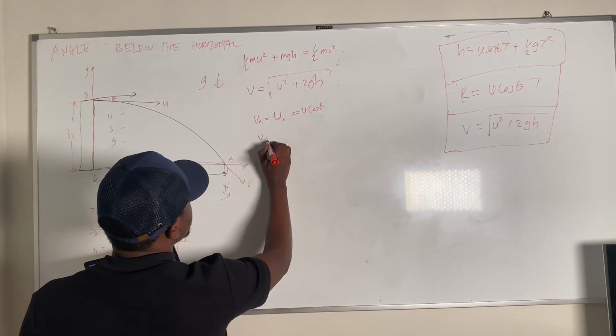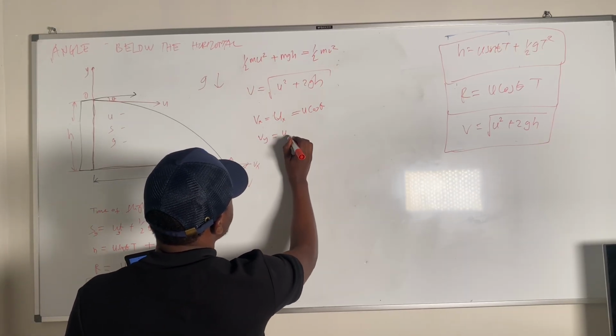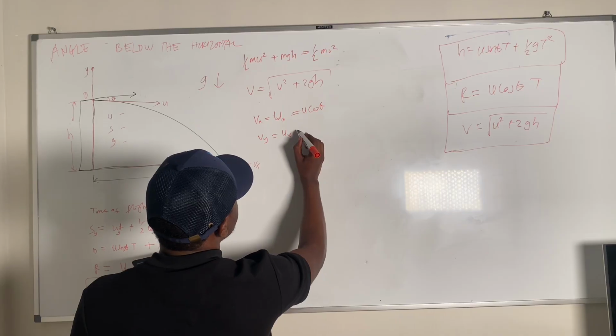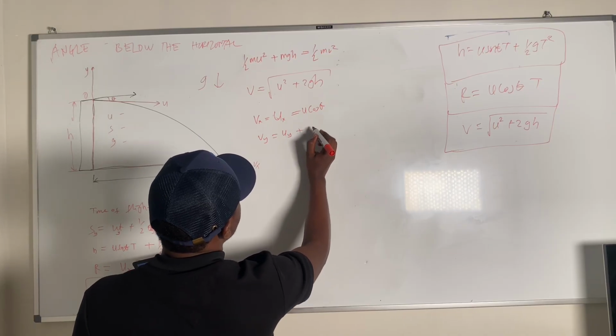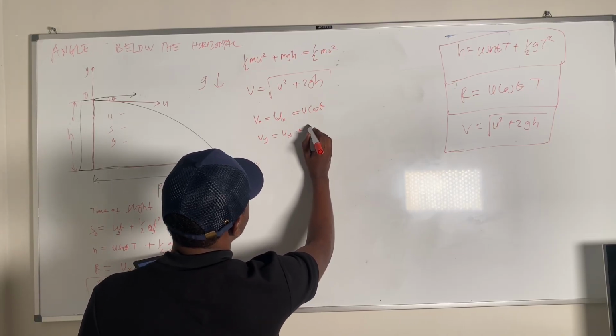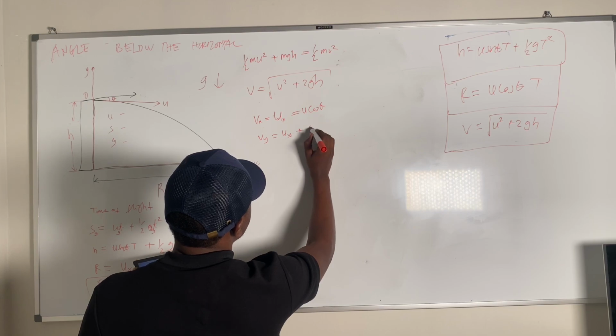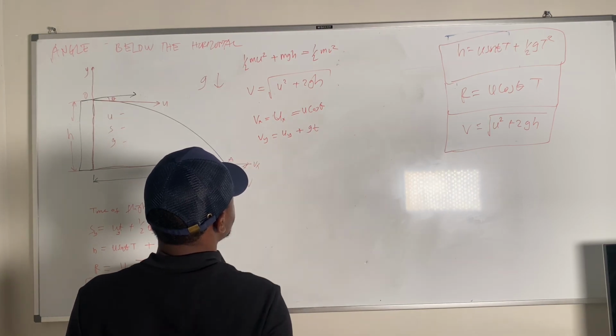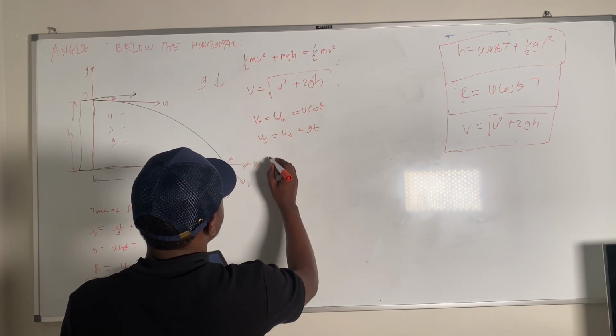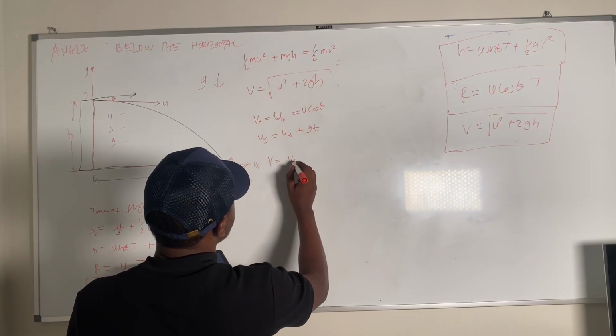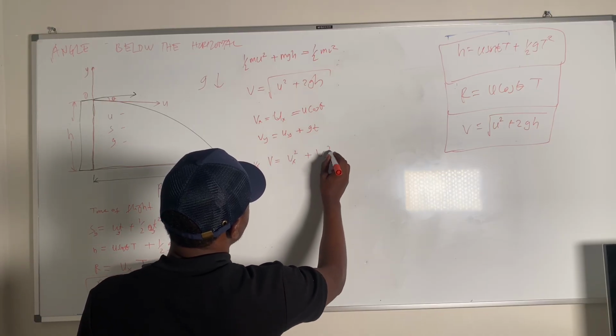Then the velocity in y direction will be equal to initial velocity in y direction plus the acceleration, which is g t. So v will be equal to the square root of v in x direction squared plus v in y direction squared.